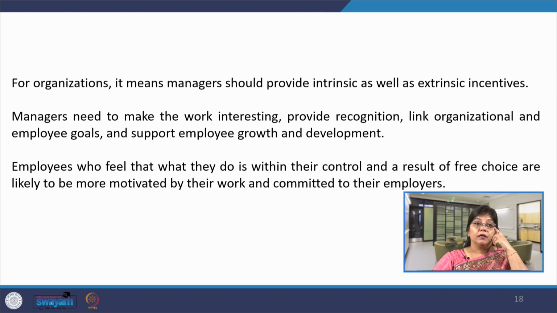Here organizations have to play a very important role: in order to retain talent and sustain high performance, organizations need to create jobs in a way where they are in alignment with the intrinsic motivation or core values of the employees. Employees who feel that what they do is within their control and a result of free choice are likely to be motivated by their work and committed to their employers, right.